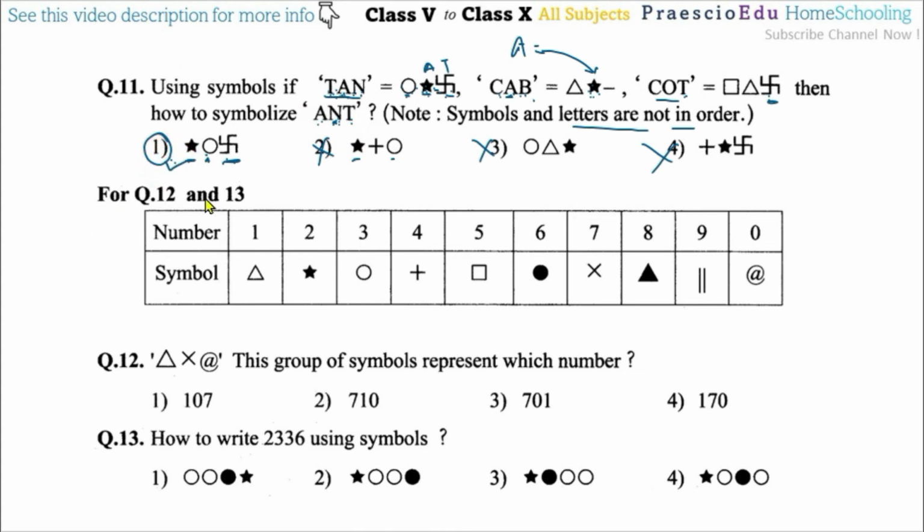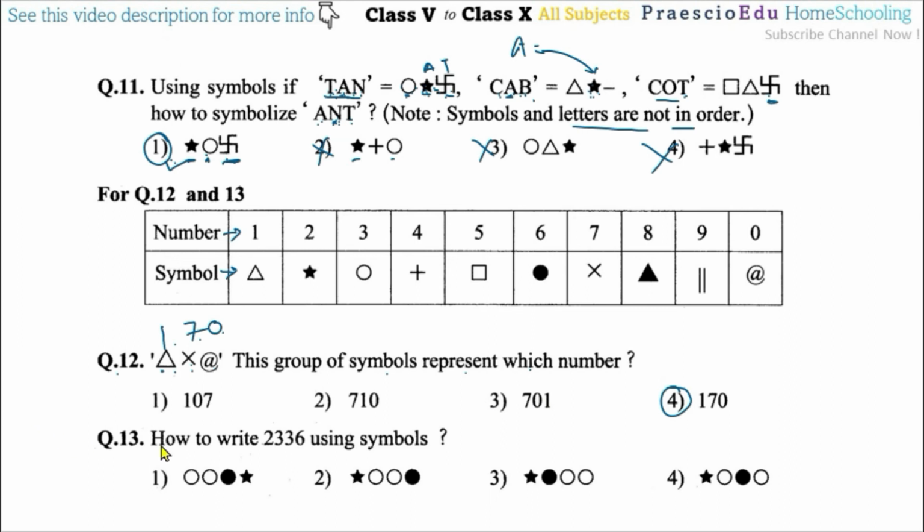Now for questions number 12 and 13, numbers and their symbols are given. Question number 12: this group of symbols represents which number? This means 1, cross means 7, and this at the rate symbol means 0, so 170. 170 means option number 4 is the correct one.